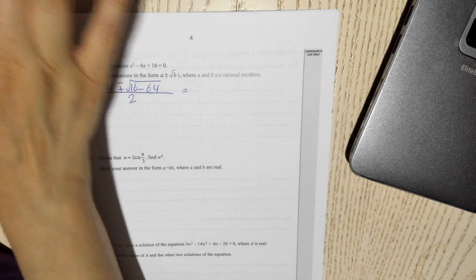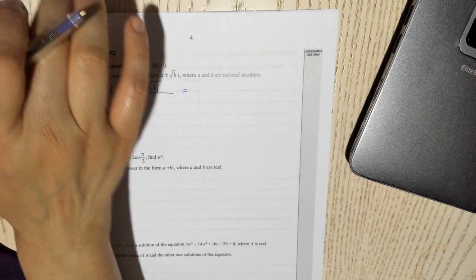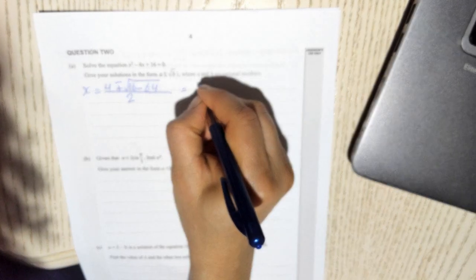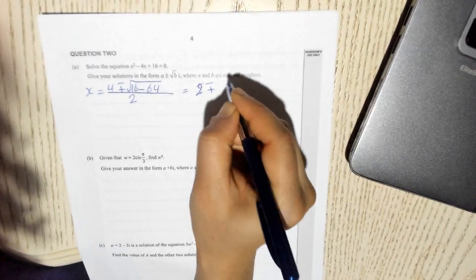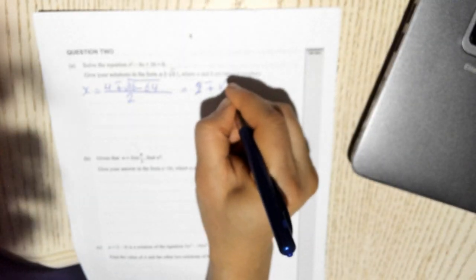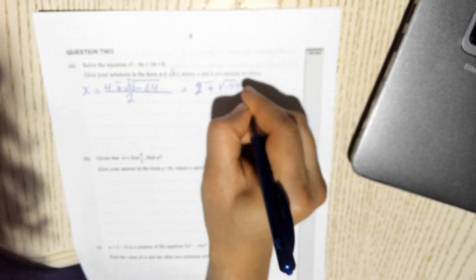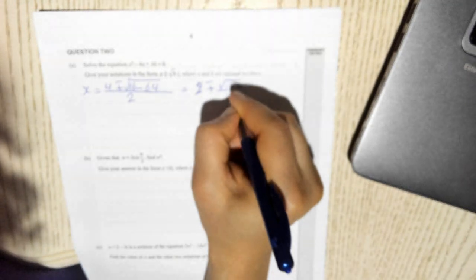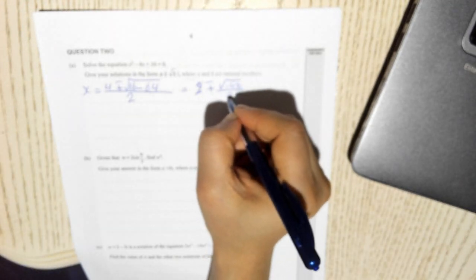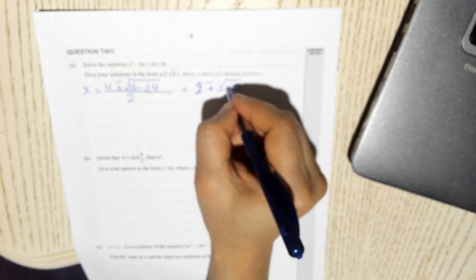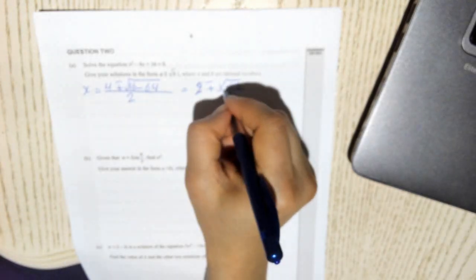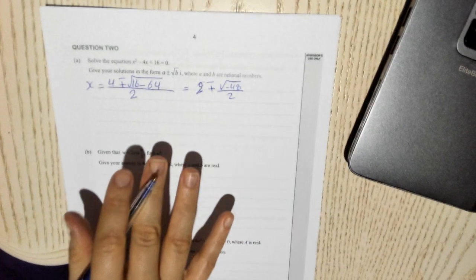Over 2. And then I got 16 minus 64, negative 48, so I end up with, that 2 will be simplified, 4 will be simplified with this 2, so I'll end up with 2 only, plus and minus square root of negative 48 over 2, and because it's negative 48, I know I have to have i in there, because I can't find the square root of a negative number.